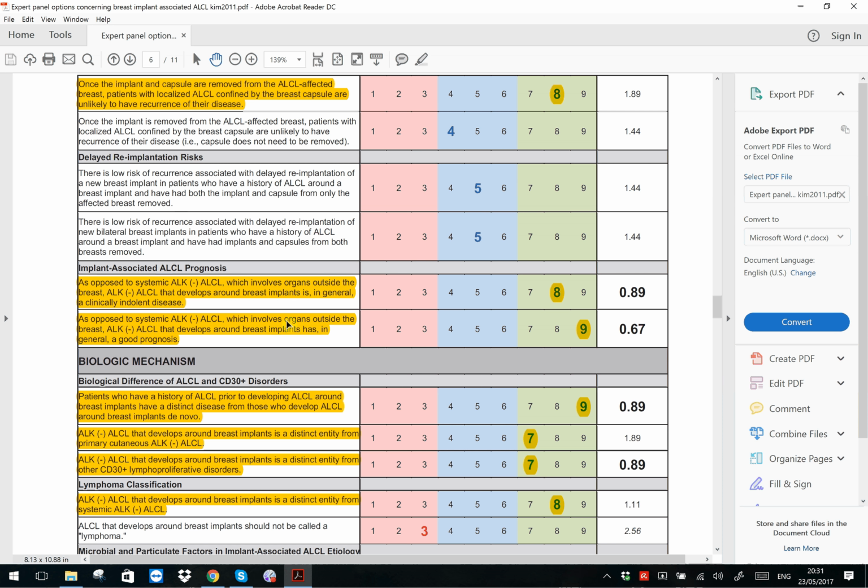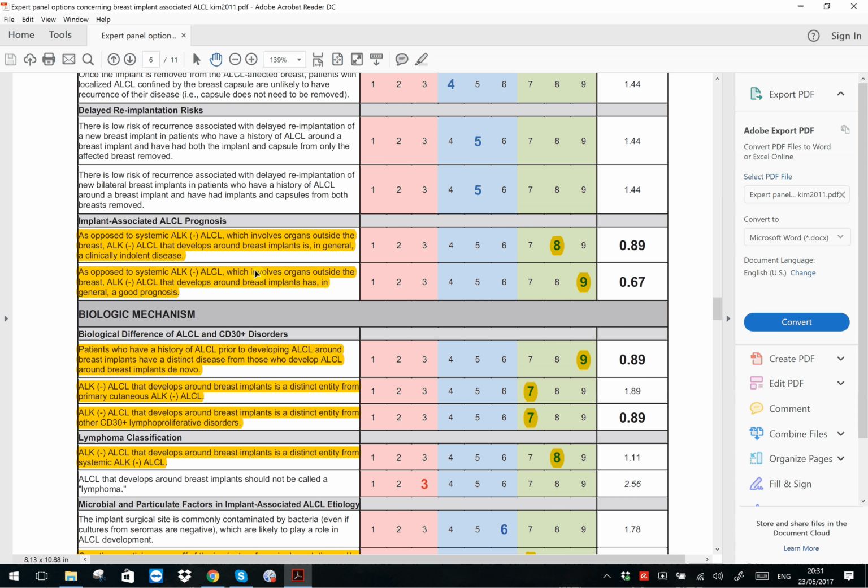What is the opinion about the macrophages' role in implant-associated anaplastic large cell lymphoma etiology? They agree that particles from the implant surface are taken up by macrophages, as we discussed before, starting the development of ALCL.